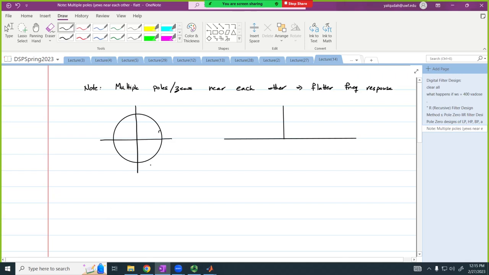So I can place multiple zeros. I can come here, place a zero, a zero, a zero. I can add a pole, a pole, a pole. And that will generate a frequency response that might look something like this. Make sense?